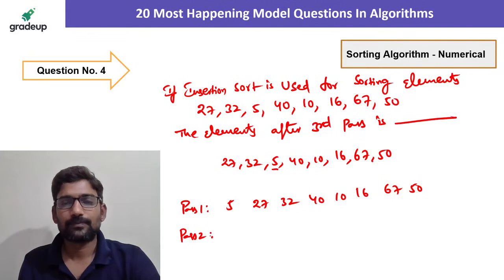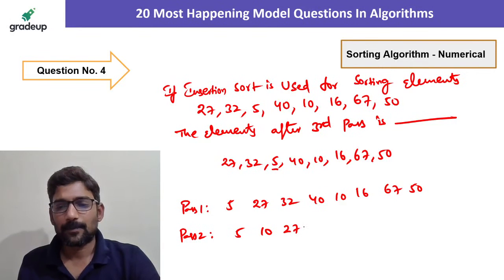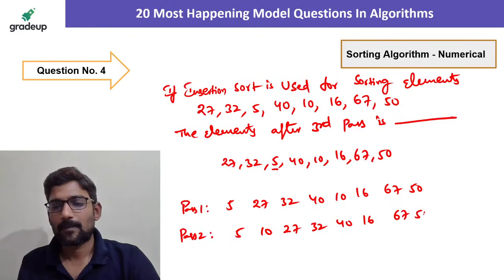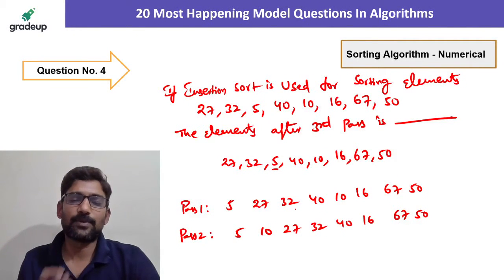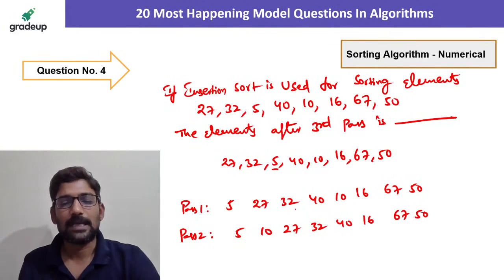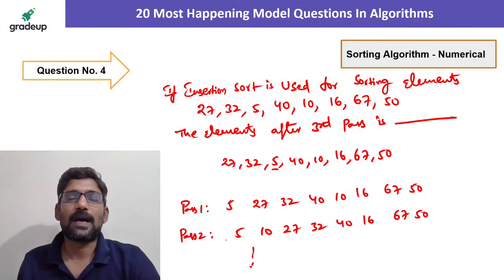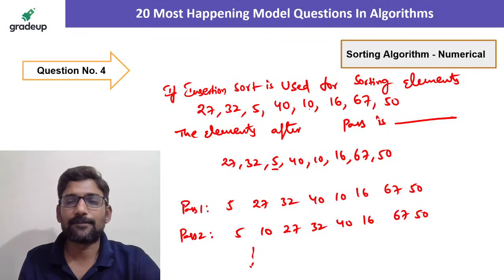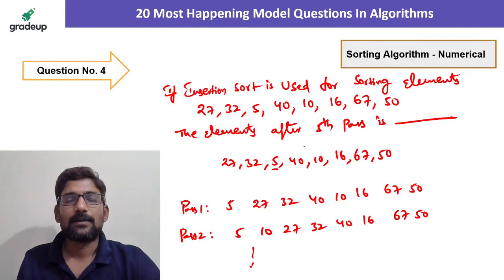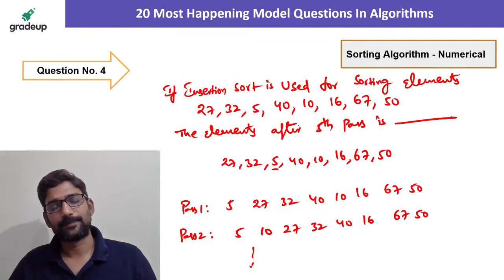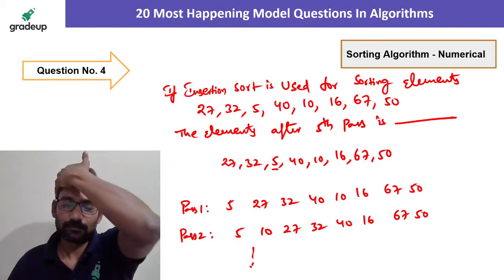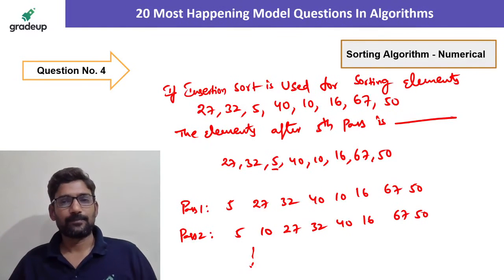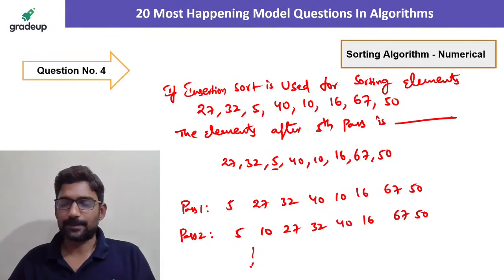Pass 2, you will take the next smallest element and place it in the second position by shifting all the elements. Like this, after the third pass, or let me make it after the fifth pass, what is the sequence of elements? Okay, this is one possibility.